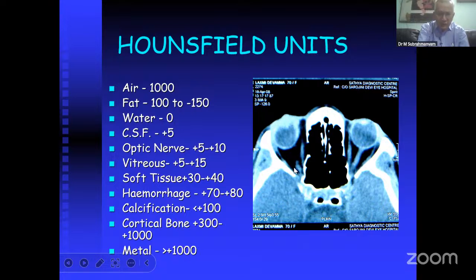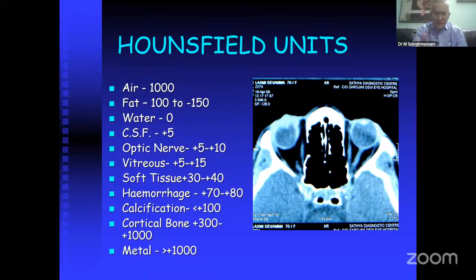Water is 0, CSF 0 to plus 5, optic nerve plus 5 to plus 10, vitreous plus 5 to 15, soft tissues plus 30 to plus 40, blood, that's hemorrhage, plus 70 to plus 80, calcification around plus 100 to a little more, bone plus 300 to 1000, and metal more than 1000 units.